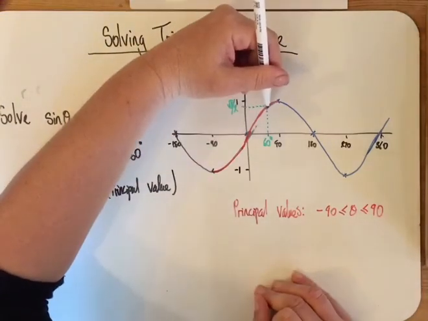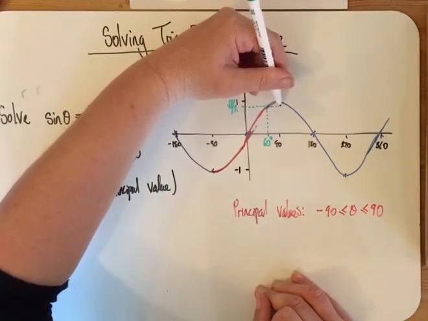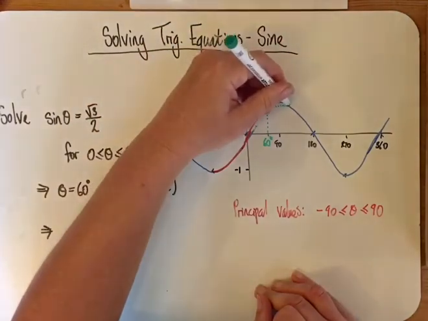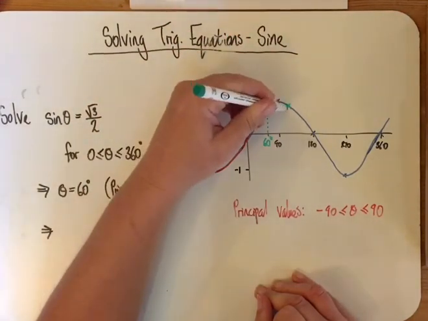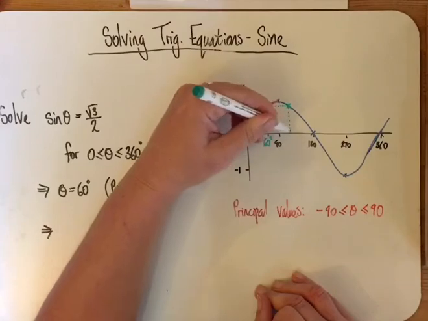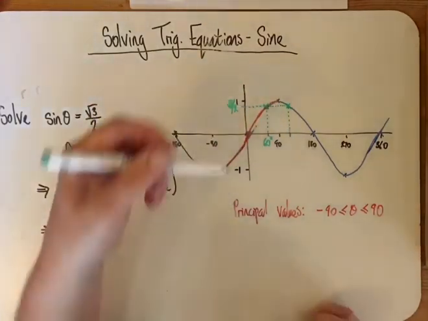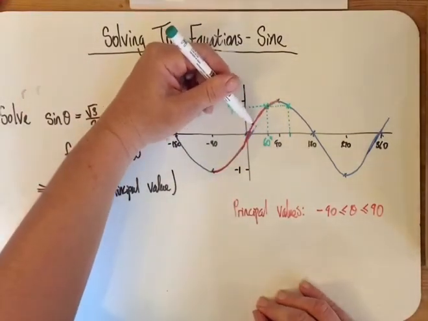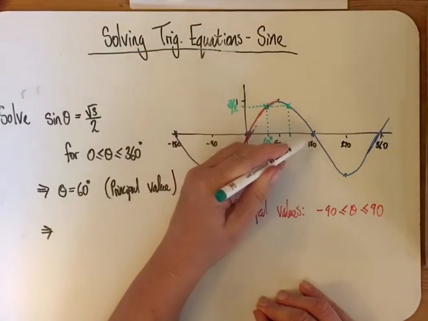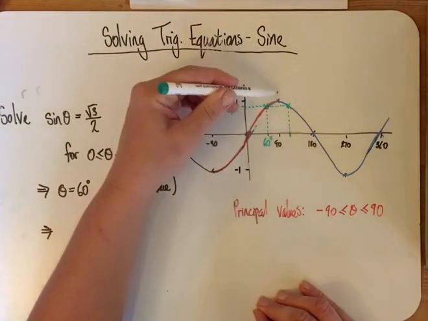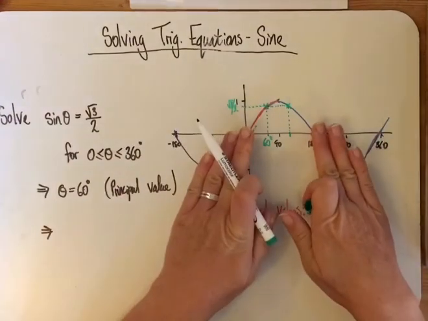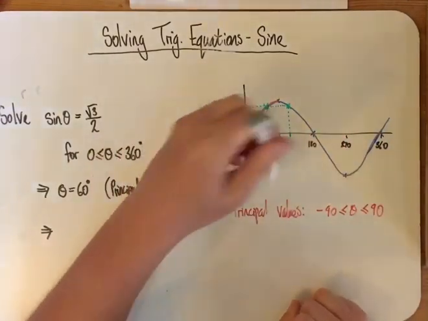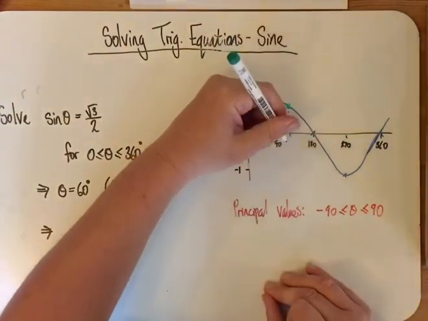So if I take this line across here, there's another place here where sine theta is equal to root 3 over 2. Use the symmetry in the curve like we did for cos, so we're going forwards from 0, back from 180, sine symmetrical about 90. So make sure you go forwards and back to find your other value.